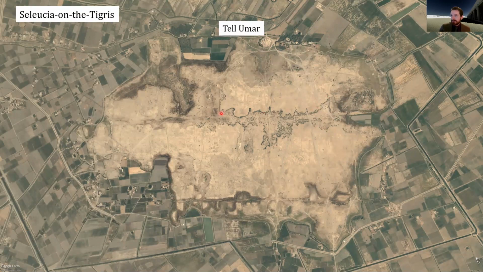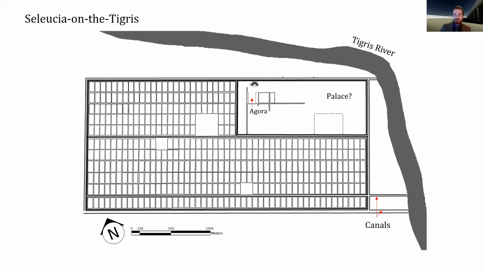One thing you'll note is that there is a bit of good growth here, and that corresponds to a central canal that ran throughout the whole site. So we have canals that come off of the Tigris River as it existed during the time of the Seleucids. These canals basically created an artificial island in which the palace would sit. So it was essentially mimicking Antioch on the Orontes.